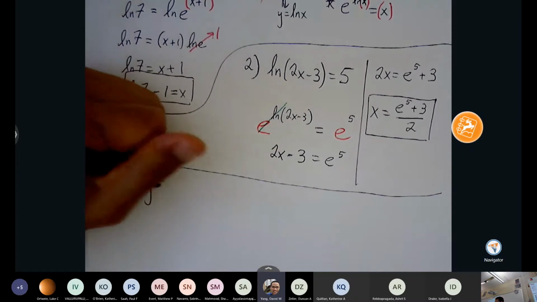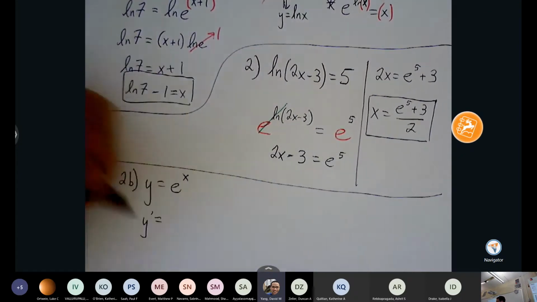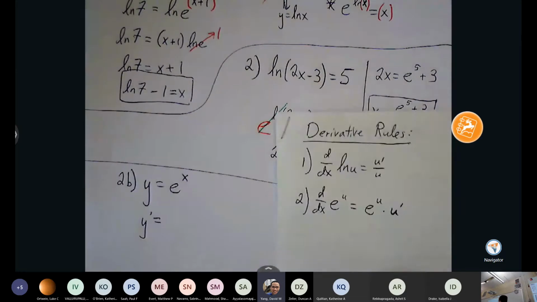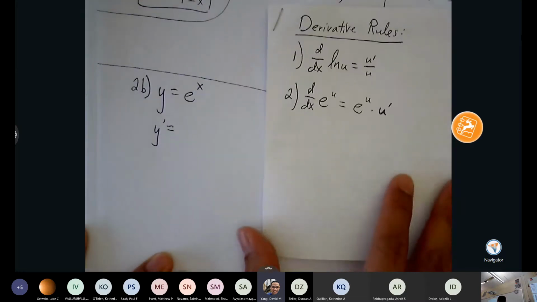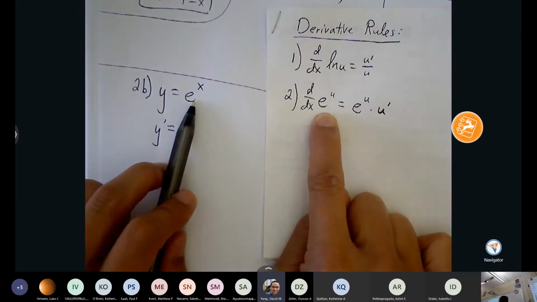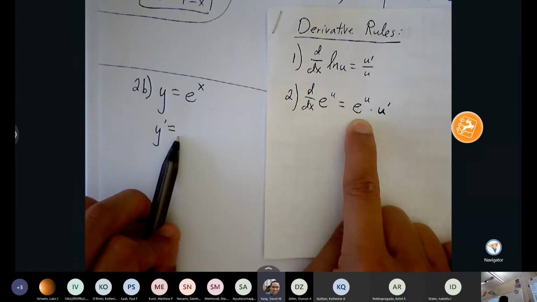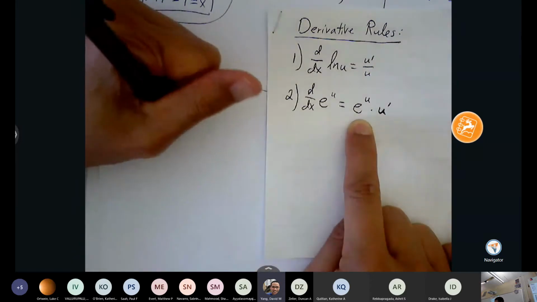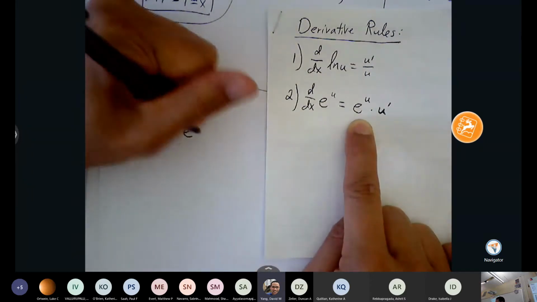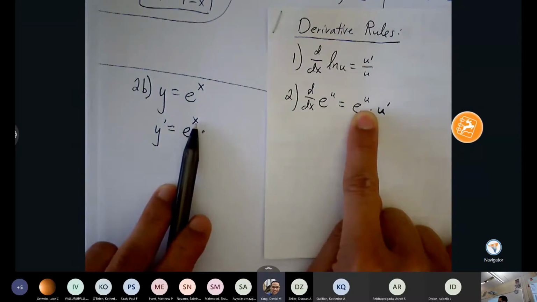So let's say I had an equation of e to the x, and I asked for the derivative. All we're going to do is follow whatever the rule says. What do you think is going to be the first part of my derivative? Yeah, no changes. Make an exact copy. Times exponent's derivative.